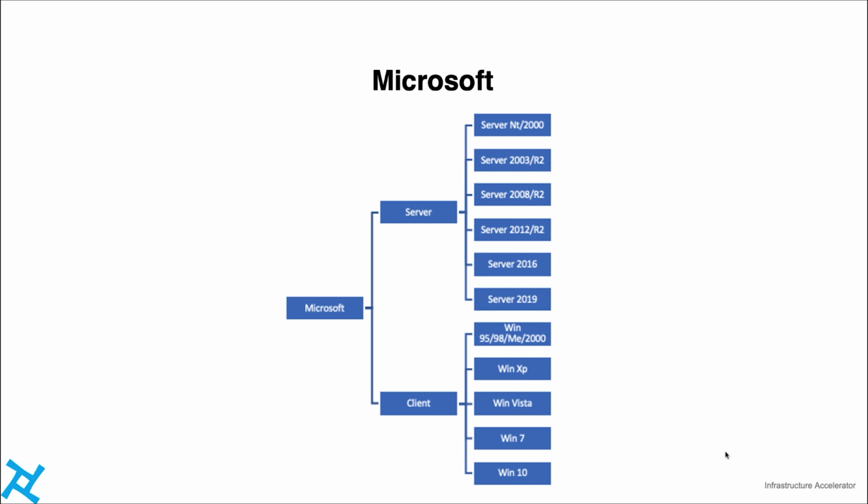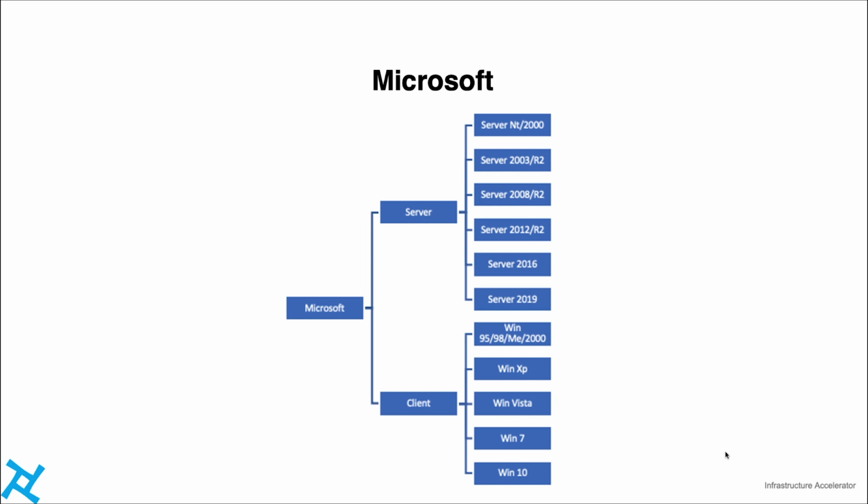On the other side, we have the Microsoft Client operating system, which started with Windows 95, then Windows 98, then Windows ME, then Windows 2000. And then we got Windows XP, which came along with Server 2003. Then Windows Vista, which came along with Server 2008. Then Windows 7, which came along with Server 2008 R2.